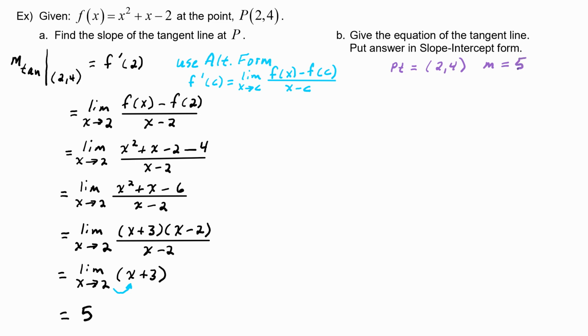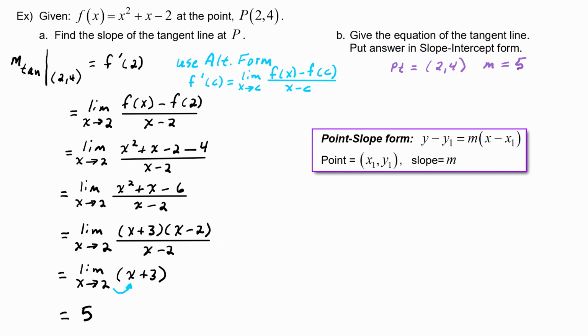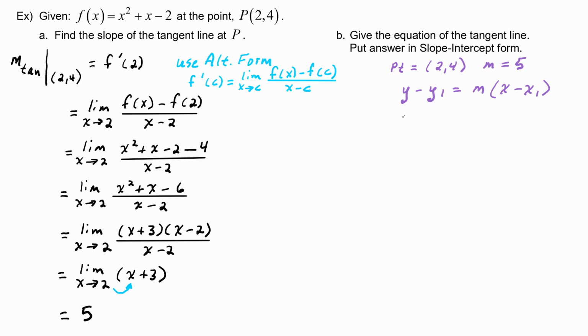So we can start off in point-slope form, which is y minus y1 is equal to m times x minus x1. And we would have y minus 4 is equal to 5 times x minus 2.